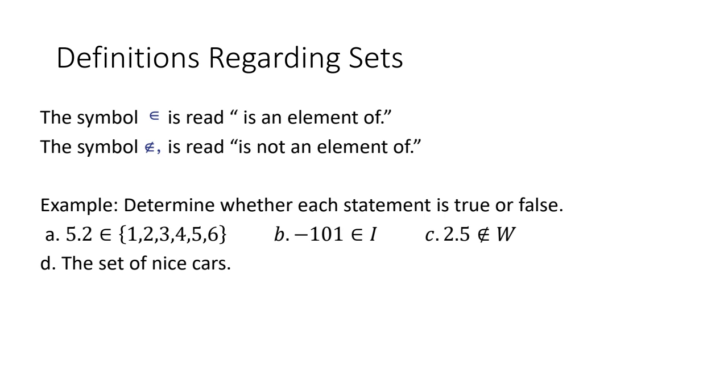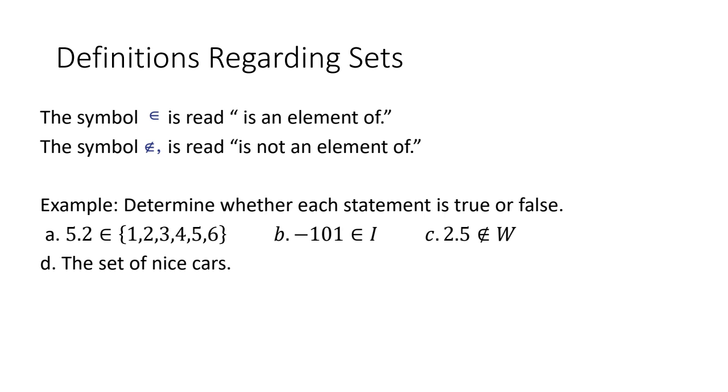It's saying the number 5.2 is an element of the set 1, 2, 3, 4, 5, 6. Well, this statement is false, because the set 1, 2, 3, 4, 5, 6 has only whole numbers. There are no decimals.